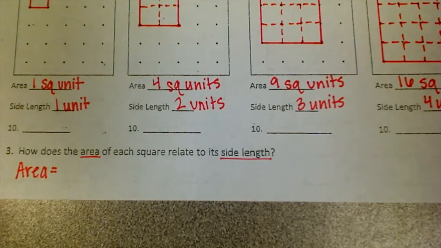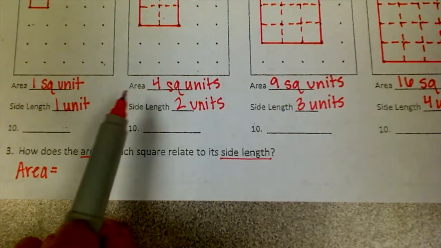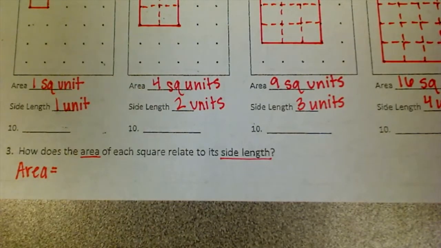Okay, so like the second one would be like 4 units, I guess. Yes, but how do you, like, there's a, Z, help him out. Isn't it length times width? Okay, yeah. So the area of a rectangle is length times width, but these are squares. So they're side lengths, right? And they're the same.